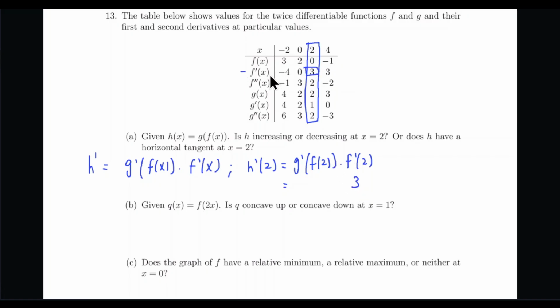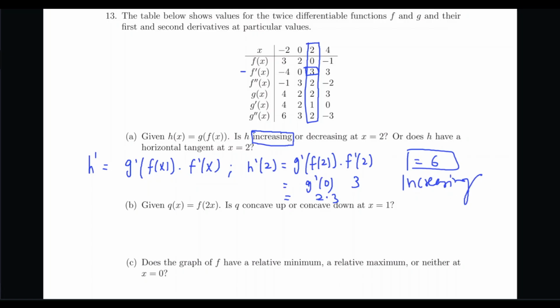And what is f of 2? F of 2 is 0, so g prime of 0. And what is g prime of 0? This is 0 and this is g prime. G prime of 0 is 2. So that's going to be 2 times 3, which is of course 6. 6 is a positive number, so this means that h is increasing at that particular point. So my answer is increasing.